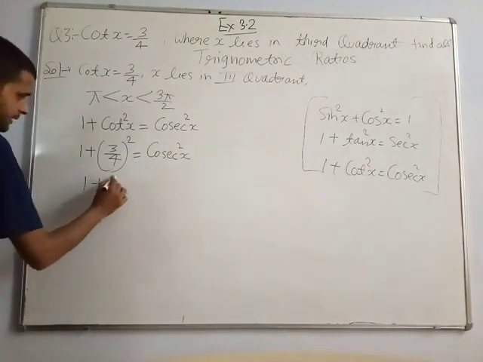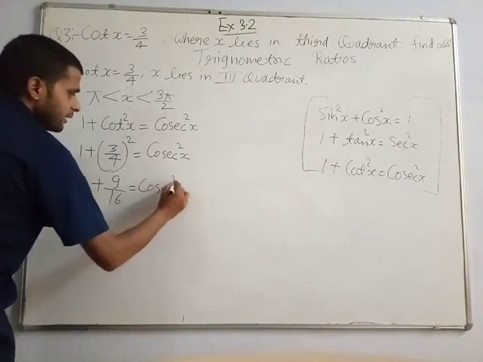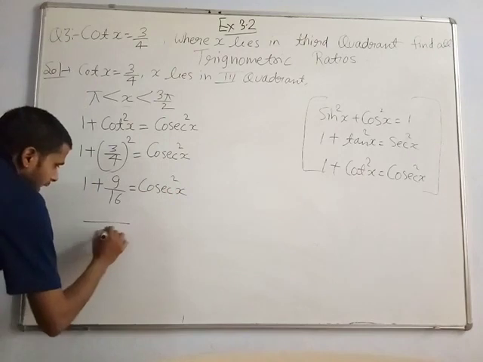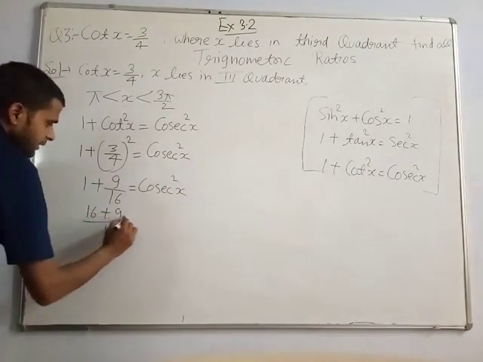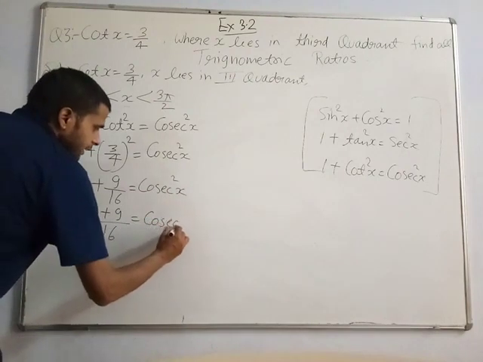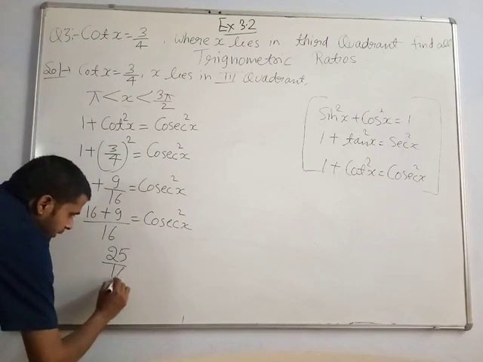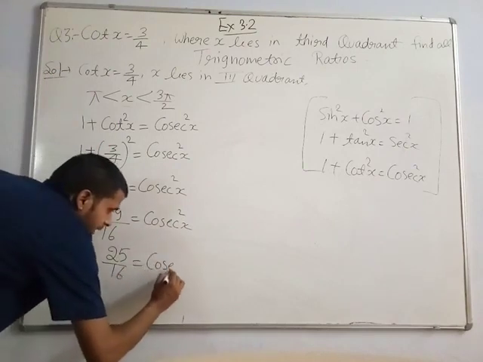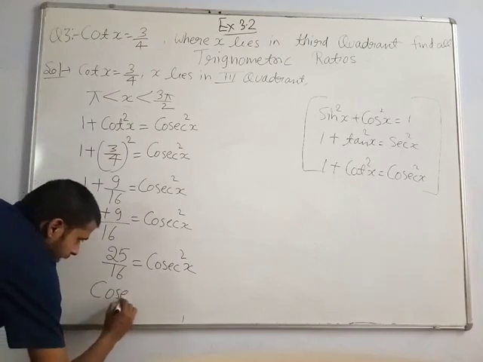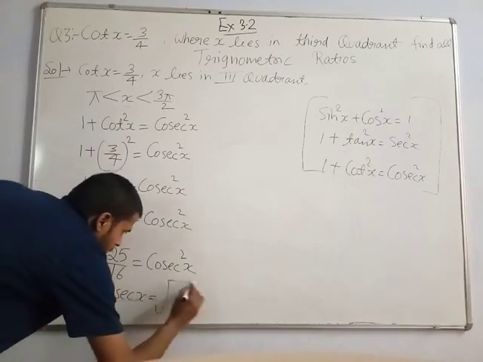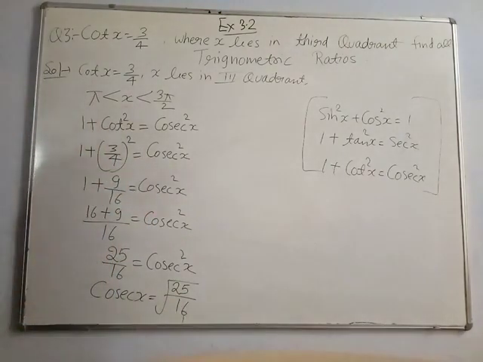So 1 plus 9 upon 16 equals cosec square x. The LCM is 16, so 16 plus 9 equals cosec square x. So 25 upon 16 equals cosec square x. So cosec x equals under root 25 upon 16, right?